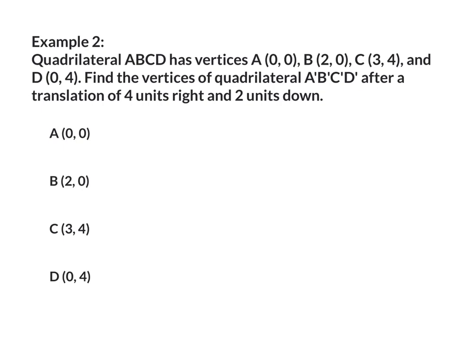Since I'm moving 4 units to the right, that means I'm going to add to my x value. And since I'm moving 2 units down, I'm going to subtract from my y value. So I'm going to go through my x values and I'm going to add 4. And I'm going to go to my y values and I'm going to subtract 2.